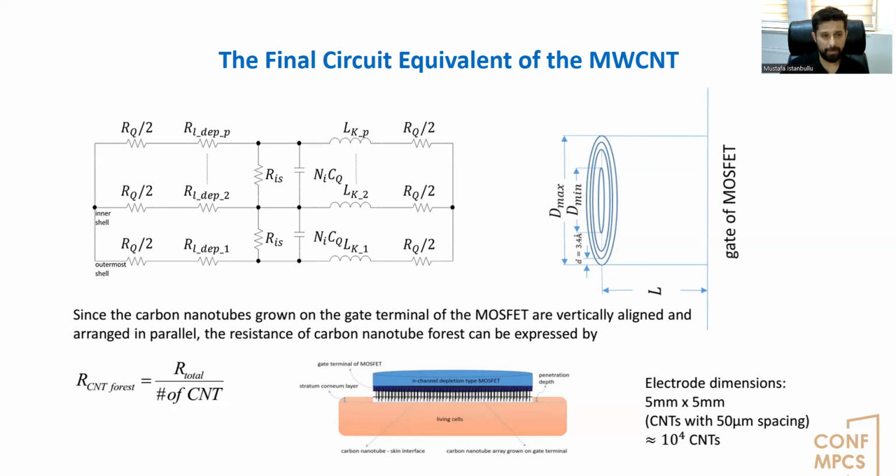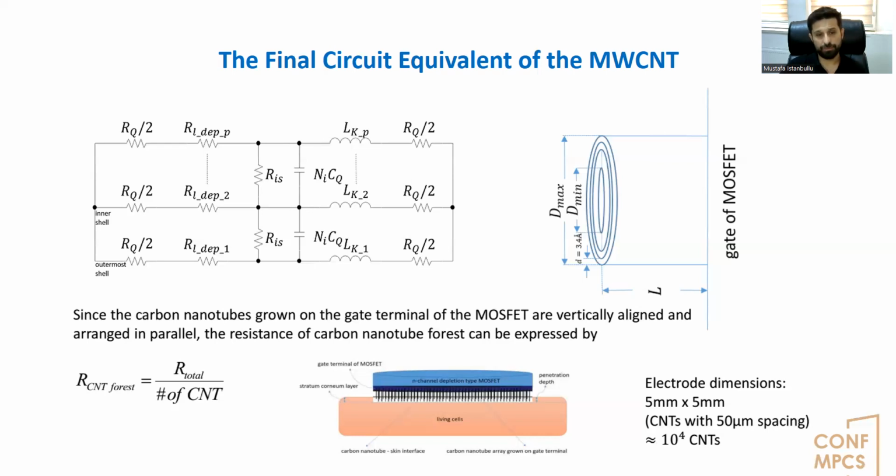On the other hand, since the carbon nanotubes grown on the gate terminal of the MOSFETs are vertically aligned and arranged in a parallel manner, the resistance of carbon nanotube forest can be expressed by R total over the number of carbon nanotubes.